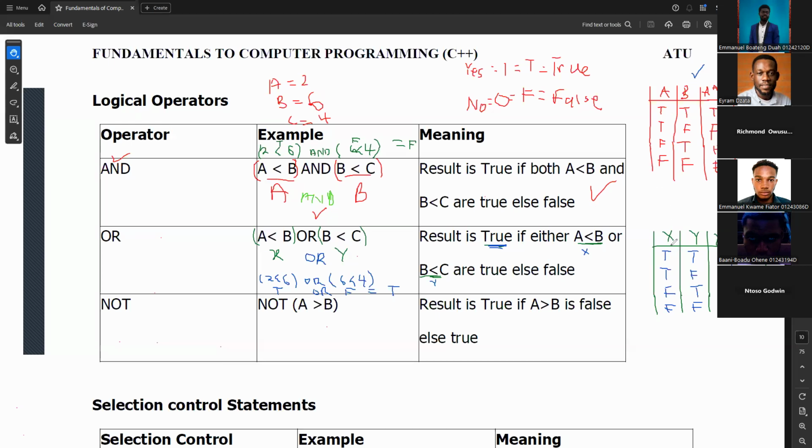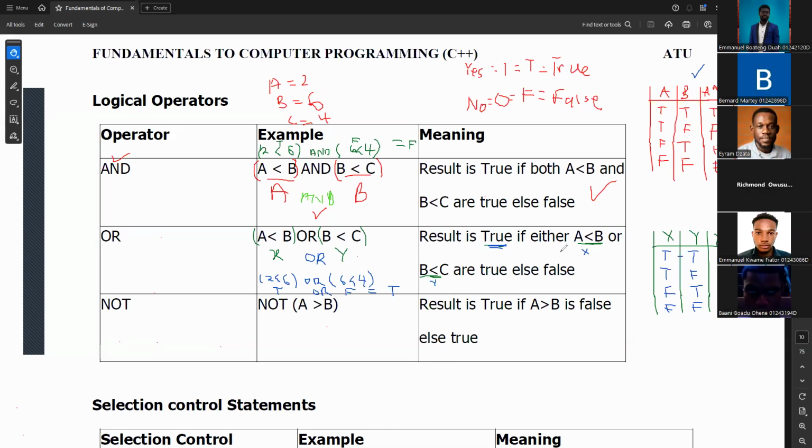The blue one, the first two truths. No, that's not what it means. What it means is that at least one of them should be true. Okay, sir. Thank you, sir.